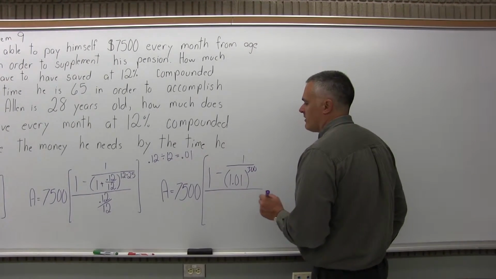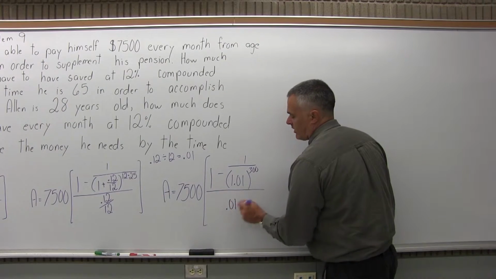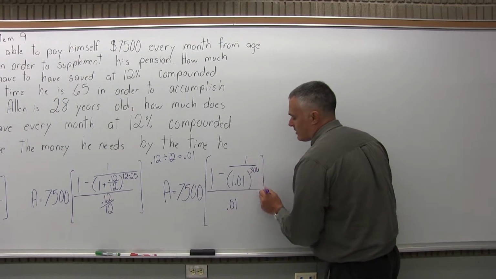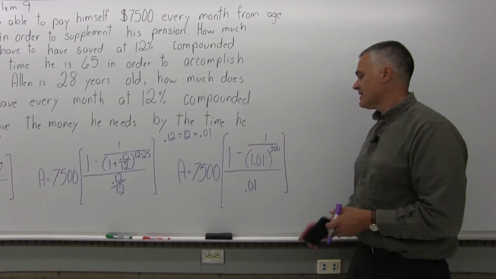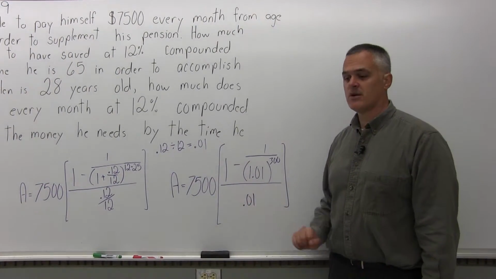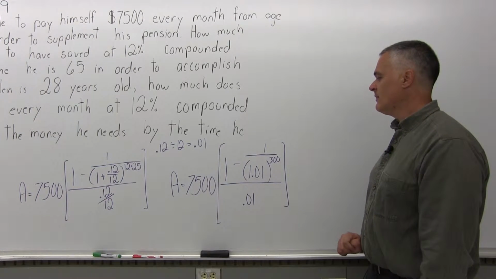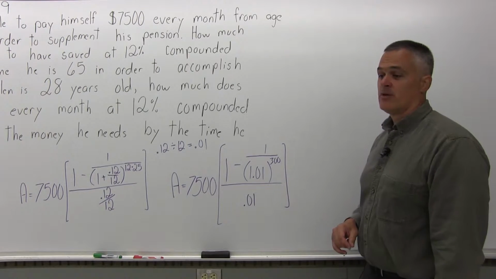And in the denominator of the brackets, the 0.12 over 12 is 0.01. As I like to point out a lot, the decimal in the denominator and numerator of those brackets is the same decimal, but in the numerator it has a 1 in front, and in the denominator it does not. Now to make a little more progress, I have to do the 1.01 to the 300th power.